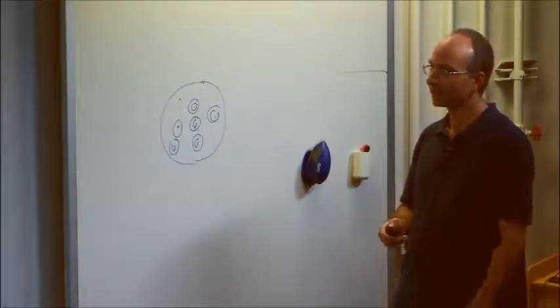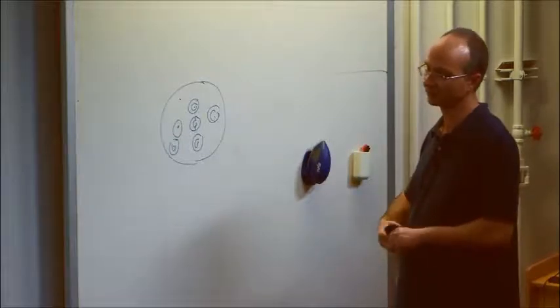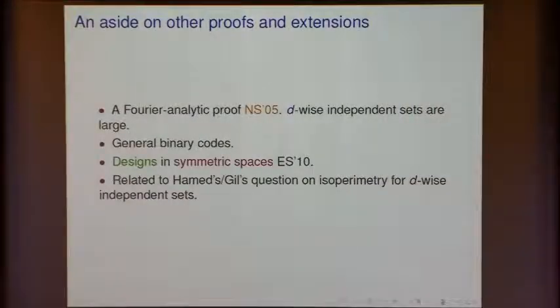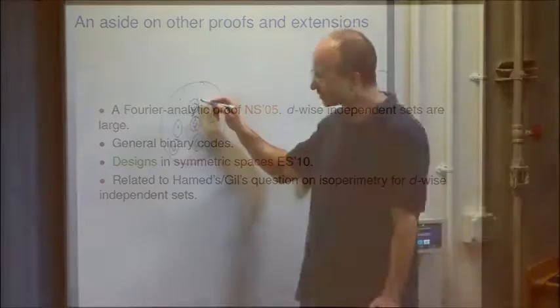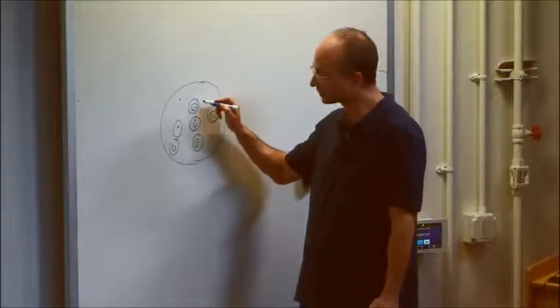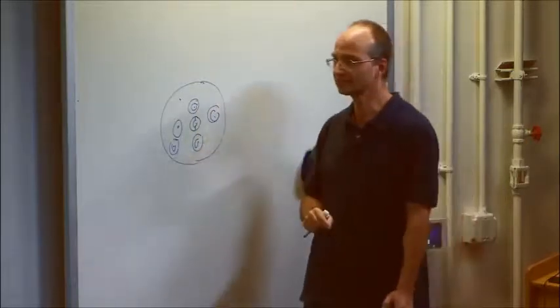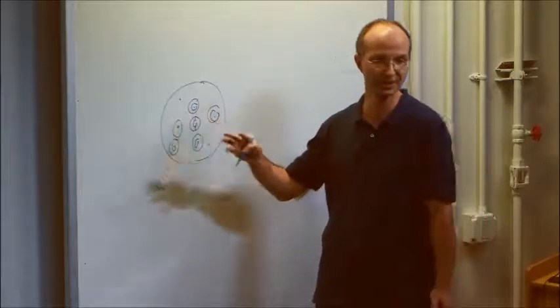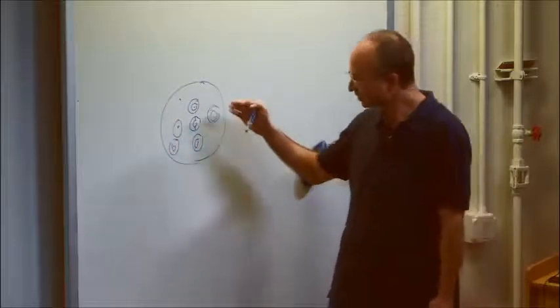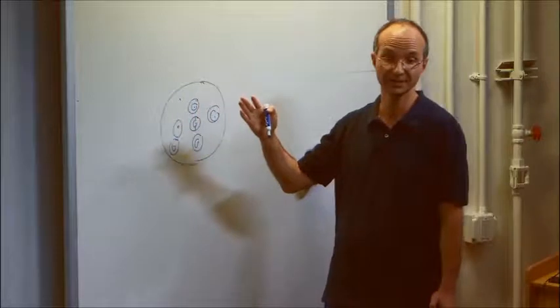Okay, so look at this. Now, how is it related to the question of Hamed and Gil on isoperimetry if you start from a d-wise independent set? Suppose this is a cube. You start from a d-wise independent set. You start to grow neighborhoods. It turns out that the growth is faster than what you get from looking at hypercontractivity, say, applying noise. Because if you just look at estimates you get from hypercontractivity, you get worse bounds, worse than linear programming.